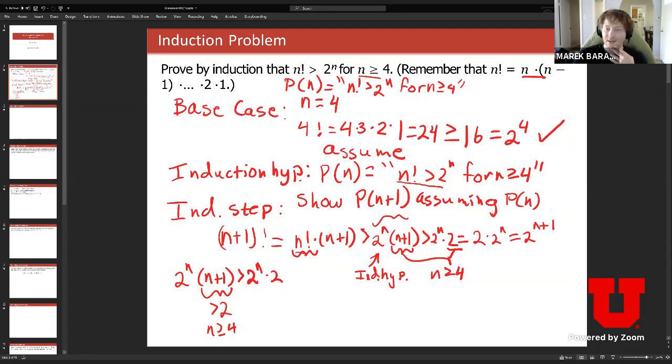And by our induction hypothesis, we assumed that n factorial is greater than 2 to the n. So we apply that right here. And that gets us that n factorial times n plus 1 is greater than 2 to the n times n plus 1. So this is by our induction hypothesis.